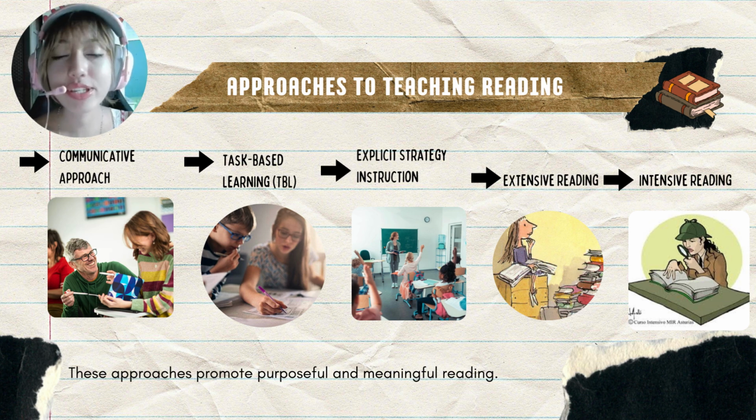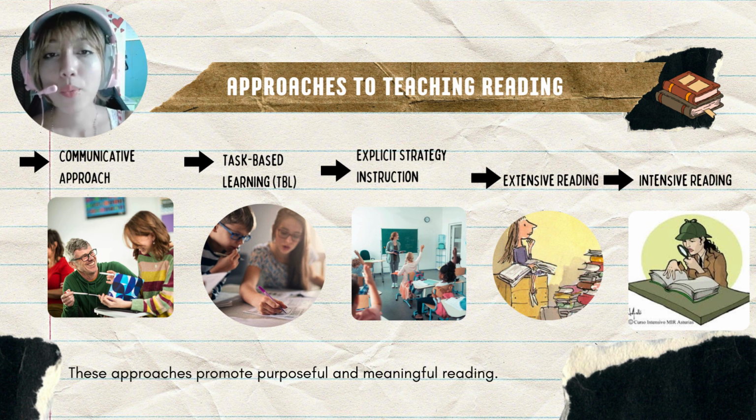Now, approaches to teach reading. There are different approaches that can be used to teach reading effectively. For example, the communicative approach, which focuses on meaningful communication. Task-based learning (TBL), where students learn through tasks that simulate real-life situations. Explicit strategy instruction, where teachers teach students how to use reading strategies.